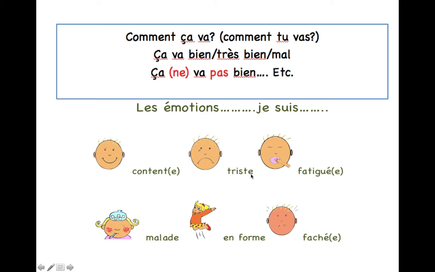Je suis triste. Je suis fâchée. Je suis malade. Je suis en forme. Now again, I would like you to repeat everything I say, so you need to possibly stop the recording sometimes to do that, but you need to practice that a few times.